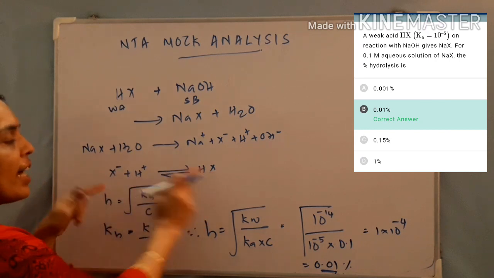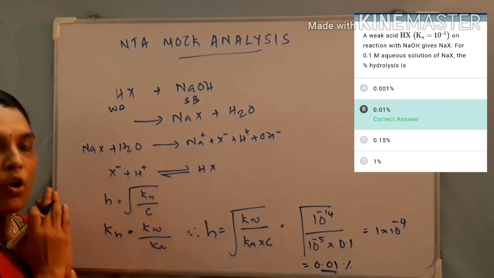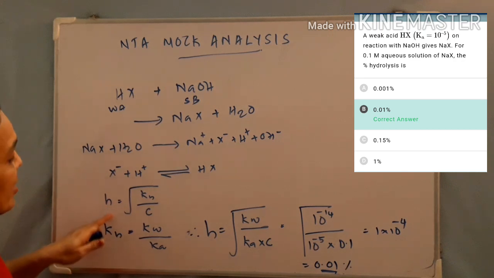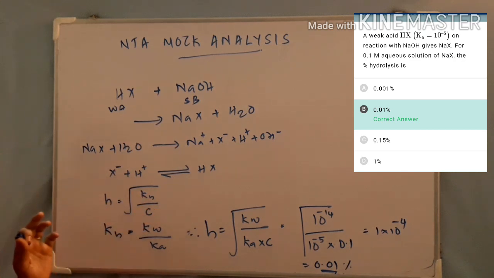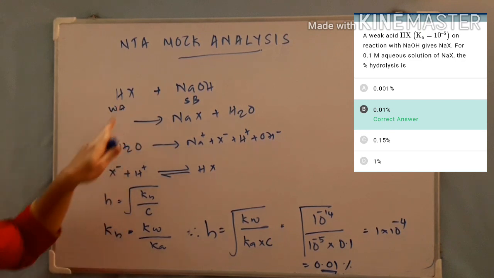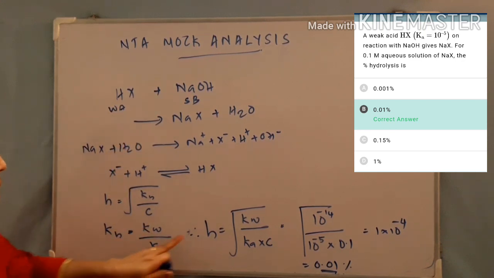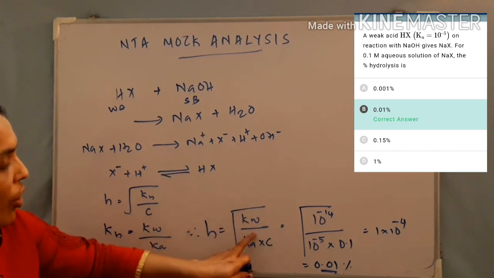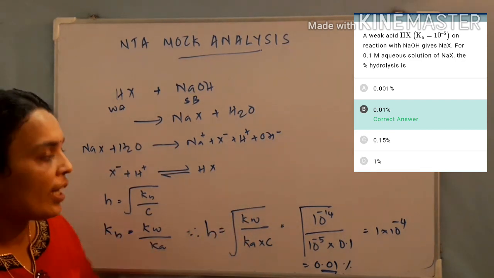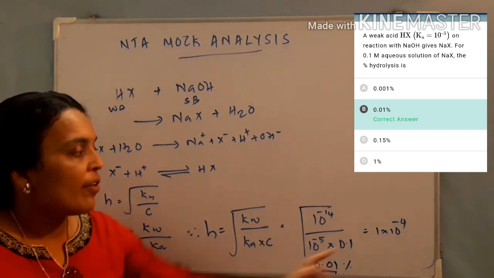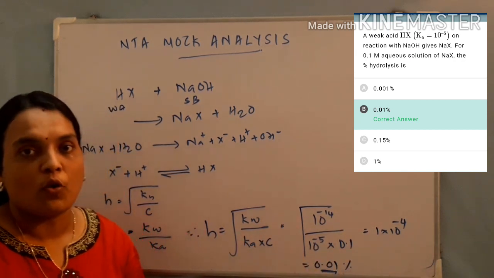And here HX is the weak acid, so the salt can undergo hydrolysis. So we can calculate h, and we have the equation h is equal to root of Kh by C. And Kh is equal to Kw by Ka, since it is a weak acid. Therefore, h is equal to root of Kw by Ka into C. So substitute the values of Kw, Ka and C. We have 1 into 10 raised to minus 4, that is h.